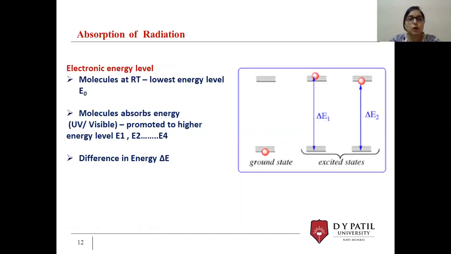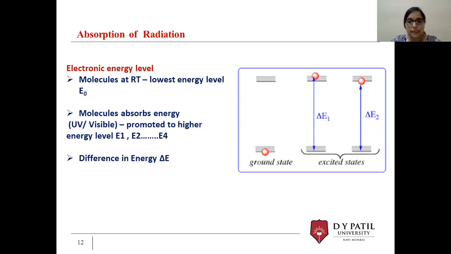Now, absorption of radiation. At what level and how can the absorption of radiation take place? Try to understand that there can be different energy levels. The lowest energy state is known as the ground state, where the atom is residing in a resting phase.